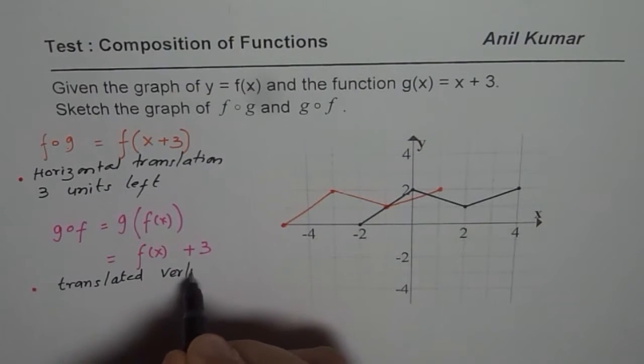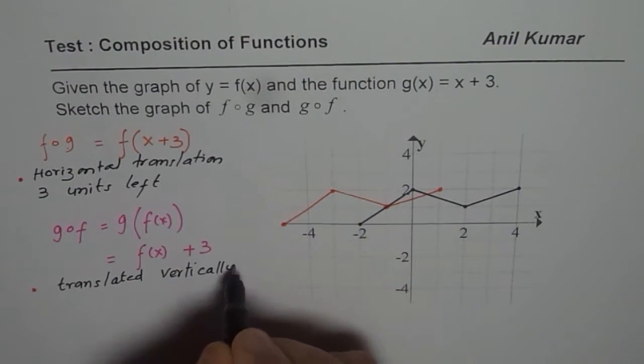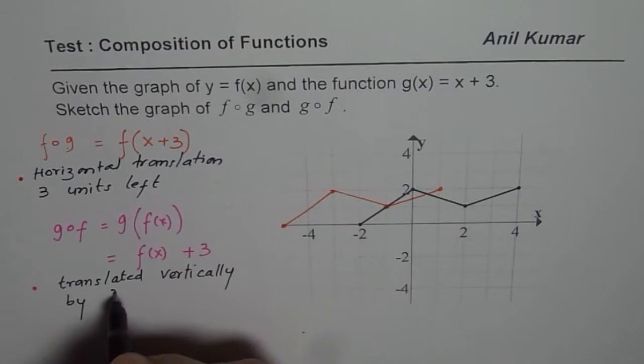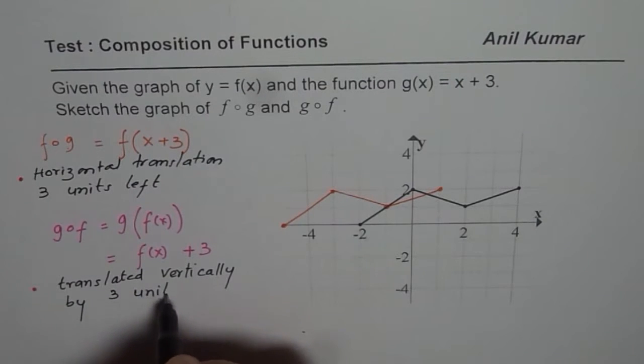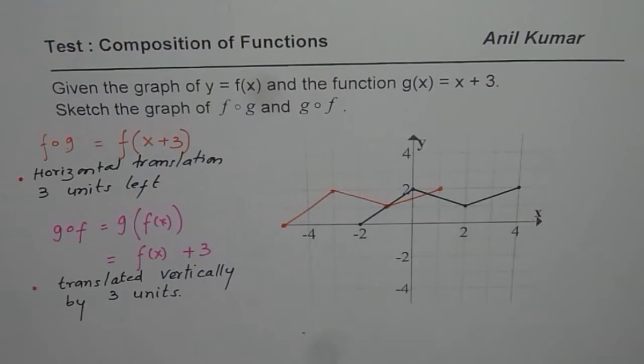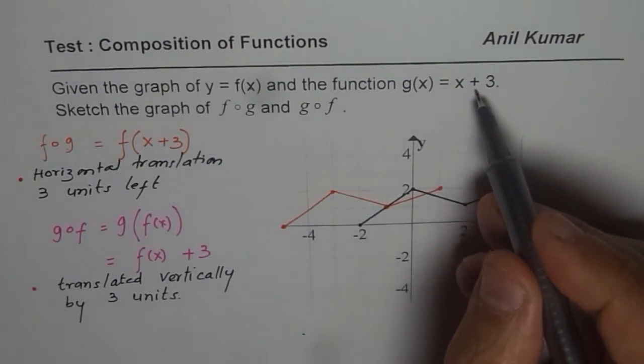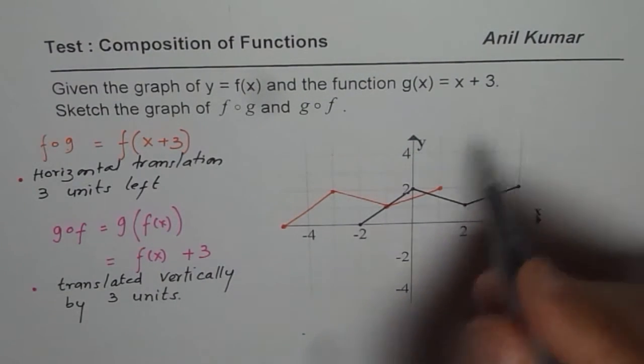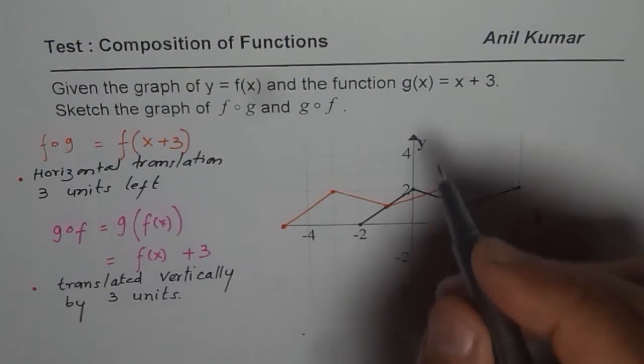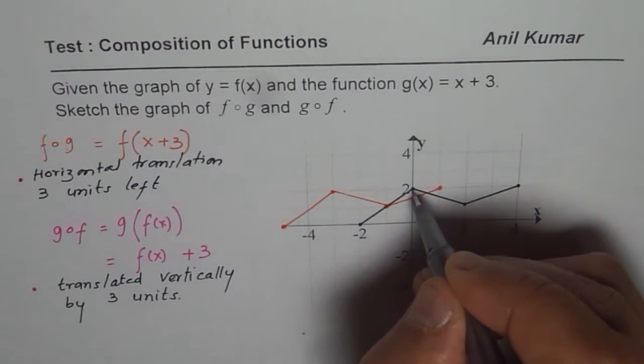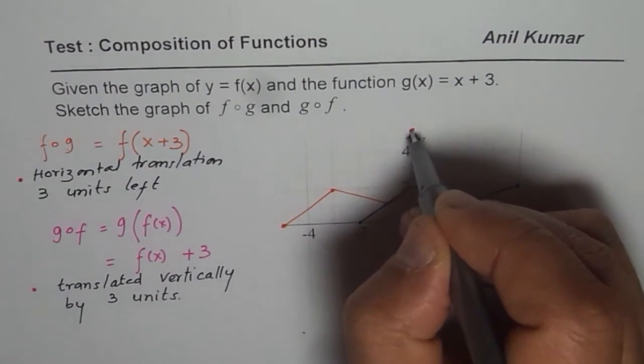vertically by 3 units. You get the point. So in this particular case, the function is translated vertically, so it relates to vertical transformation, right? So when we do g of f, so vertically if I move this point up by 3 units, it will come at 5.